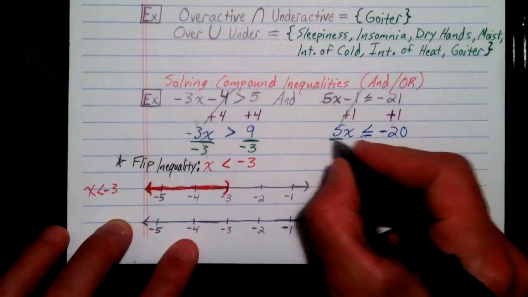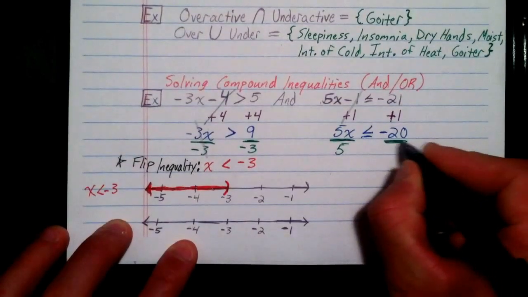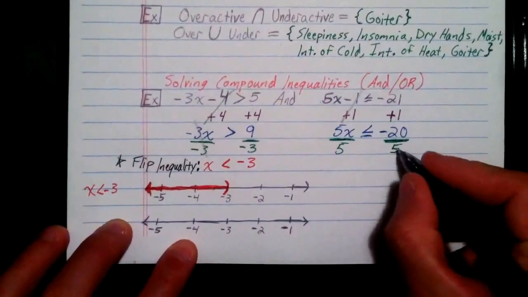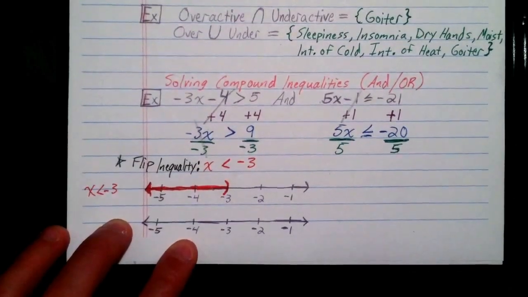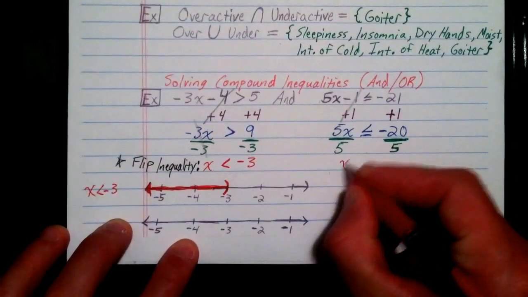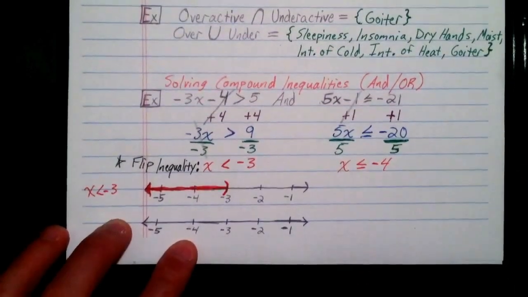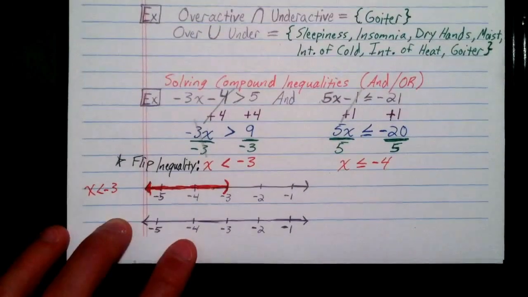Dividing by our coefficient 5 will get us x by itself. We're not dividing by a negative, so we don't need to flip our inequality. So x is less than or equal to negative 4. That's what that one ends up.